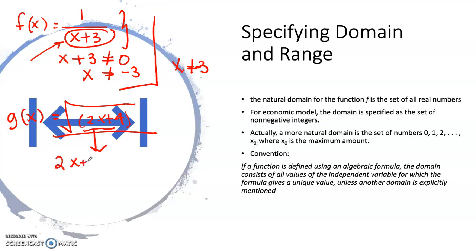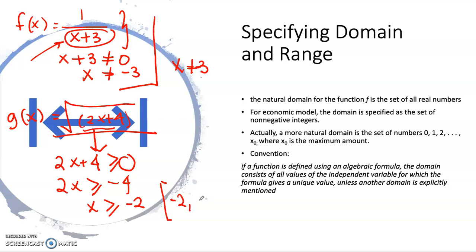So 2x plus 4 should be equal to or greater than 0. Thus, we will have 2x equal to or greater than minus 4, so x is greater than or equal to minus 2. So the domain would be an interval starting from minus 2 until positive infinity.